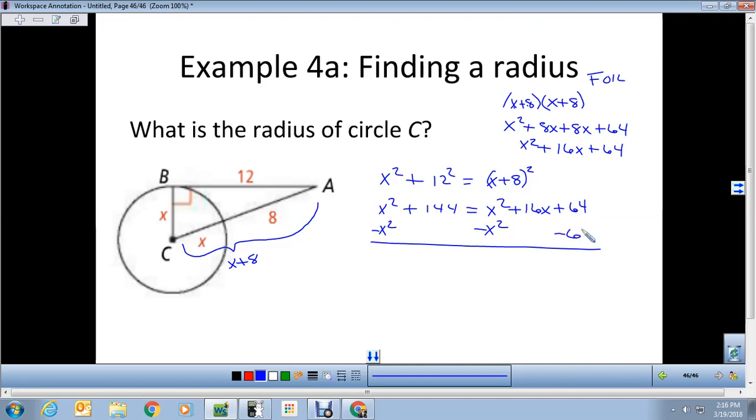So I'm going to subtract 64. 144 minus 64 is 80. So 80 is equal to 16x. So we divide by 16, and x is equal to 80 divided by 16, which is 5. So our radius is going to be 5.